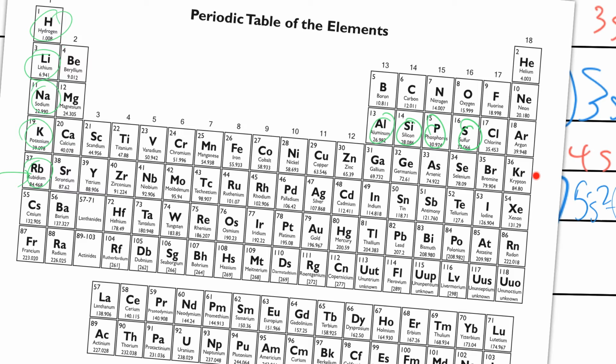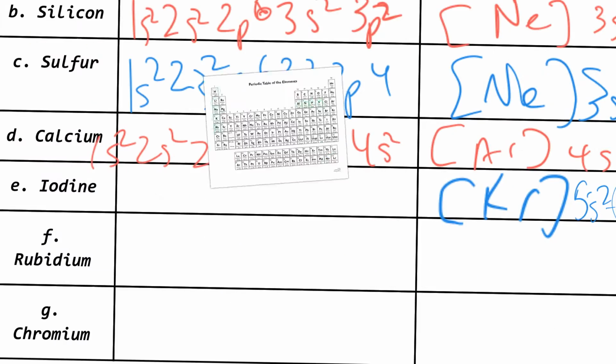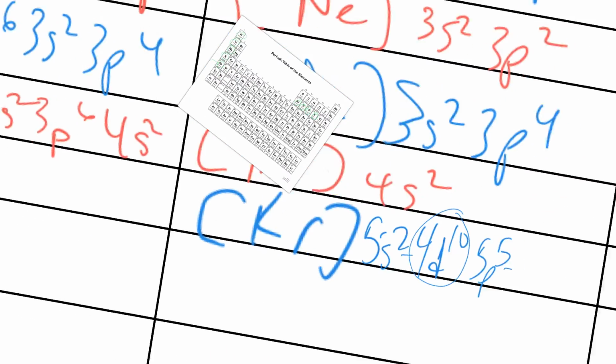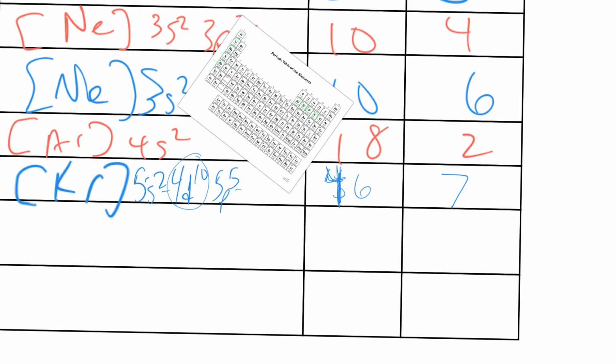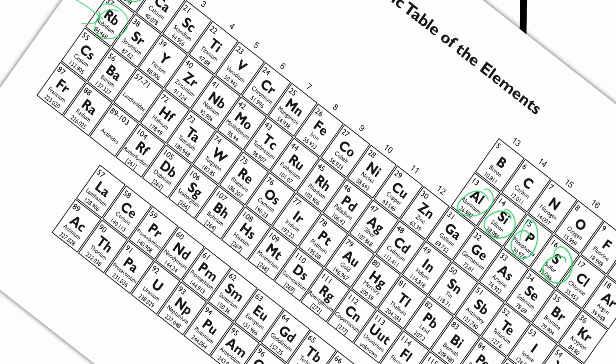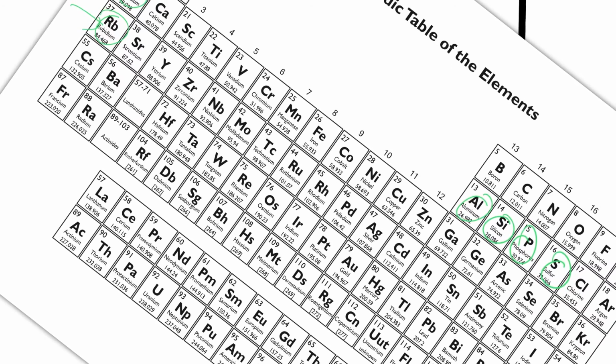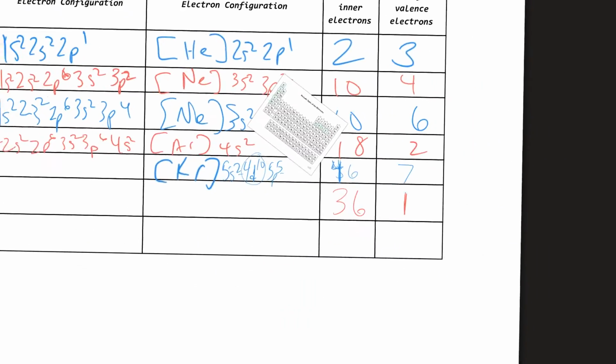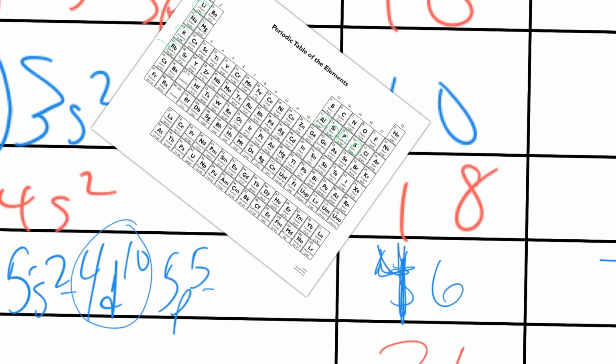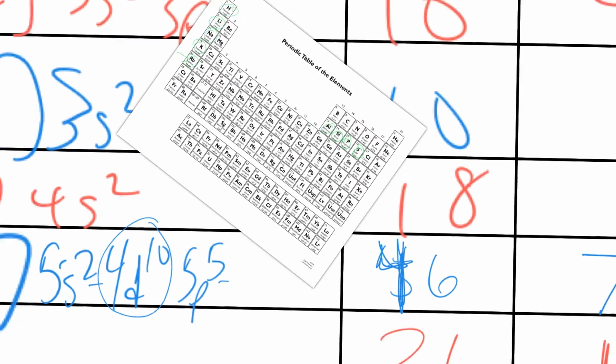So that means that it has whatever krypton has, which is 36 electrons and just 1 valence. So I'm just going to fill that in. 36 and 1 valence. And the last one is chromium, Cr, and that is 24.